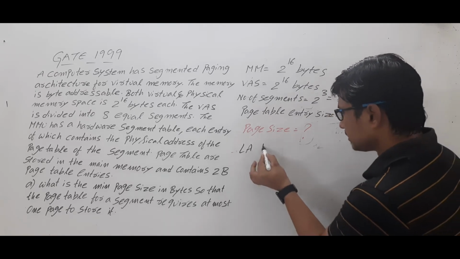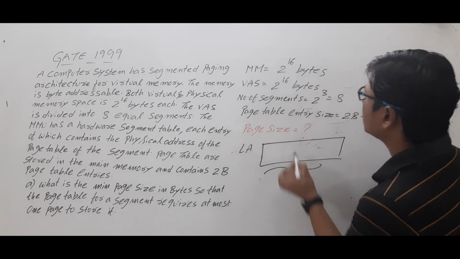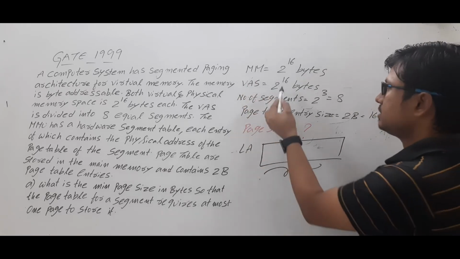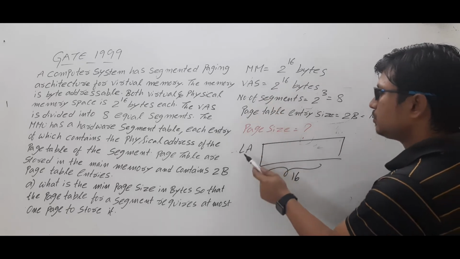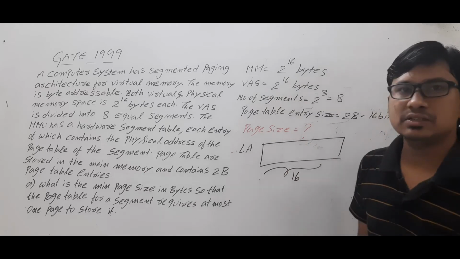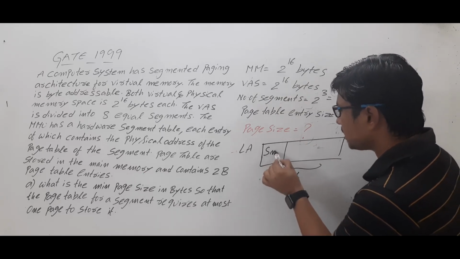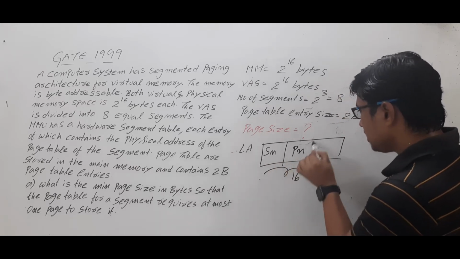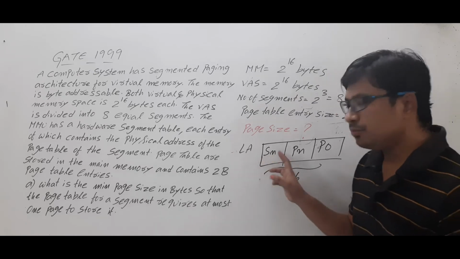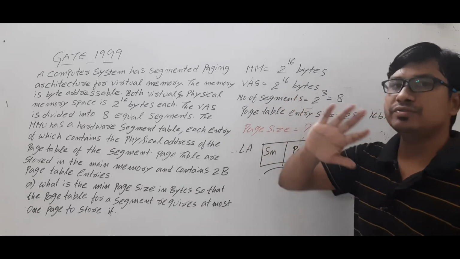The logical address is 16 bits in total, because they said the main memory size or virtual address size is 2 power 16 bytes. So the CPU generates the logical address, which they have given as 16 bits. Now this will consist of segment number, page number, and page offset. Remember one thing: the number of bits required for the segment number depends on the number of segments.